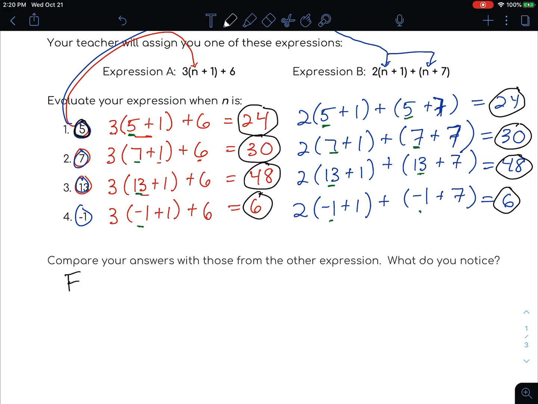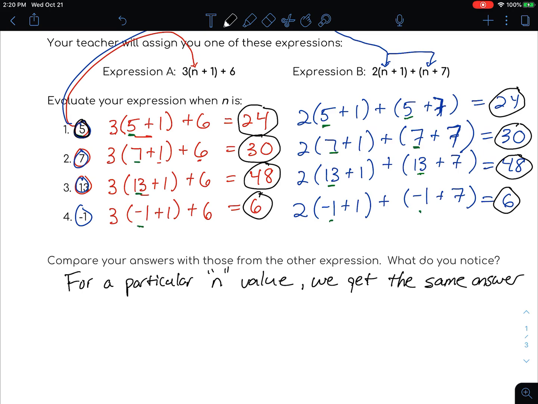So for a particular n value, we get the same answer in both expressions.